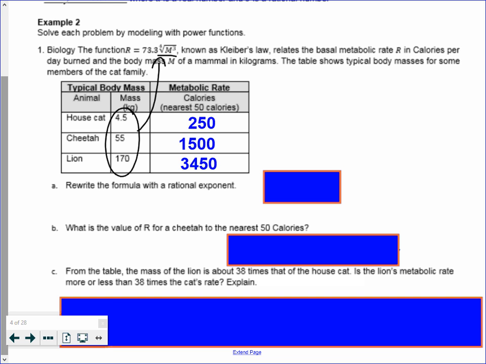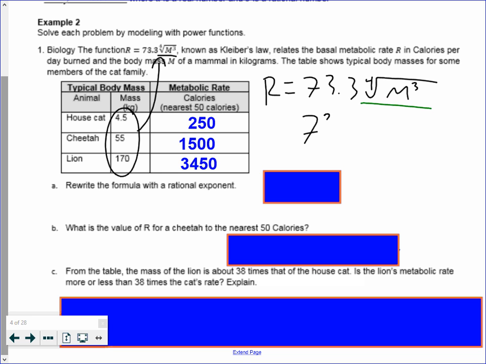We know what the typical metabolic rate will be for a house cat, cheetah, and lion. So now we're going to rewrite the formula with rational exponents. Our function is R equals 73.3 times the 4th root of m to the 3rd power. To rewrite this with a rational exponent, we need to change that radical part into a rational exponent.